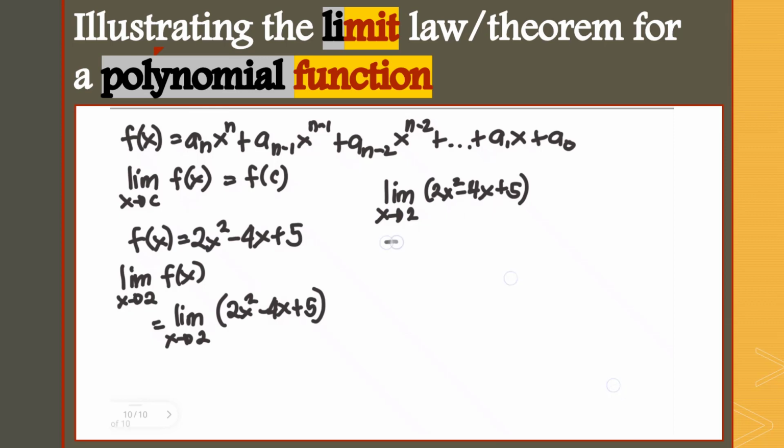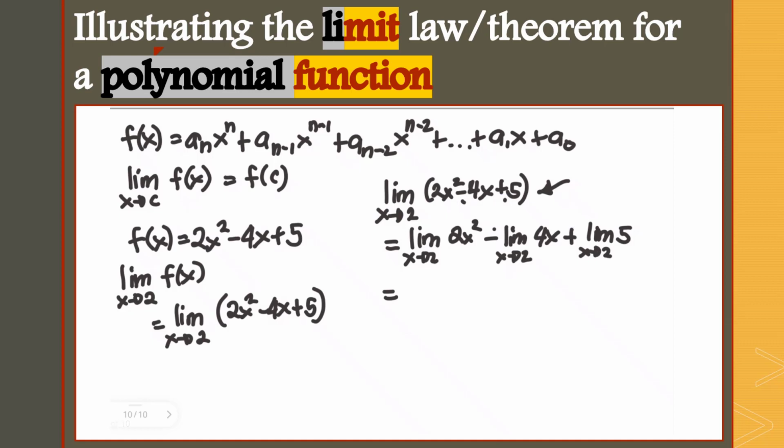So we can actually have it like this: the limit of just the first term as x approaches 2, minus the limit of the second term as x approaches the same constant 2, plus the limit of the constant 5 as x approaches 2. So we have here three different functions now, and in the limit theorem for sum and difference, the limit of this entire expression is just equal to the limit of the individual functions using the operations stated.